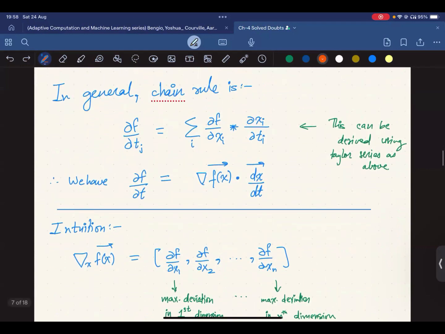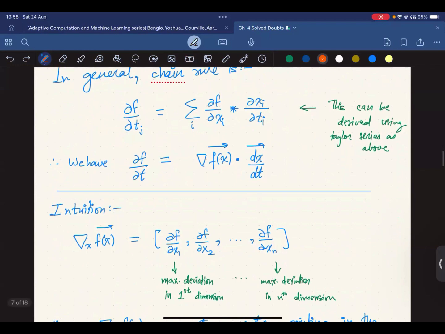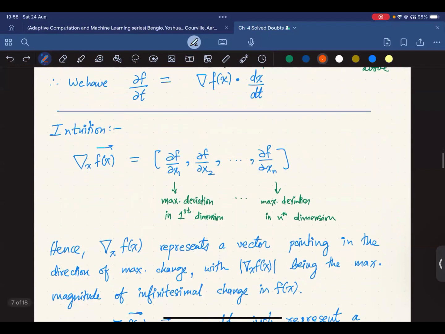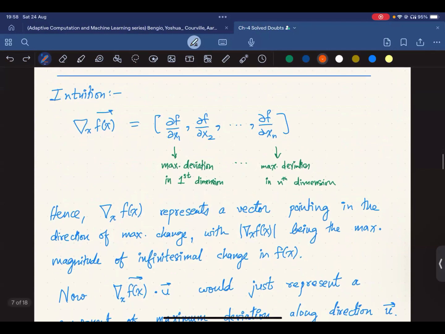So in general, the chain rule can be derived from the Taylor series. The intuition of the directional derivative is that the gradient is defined as this quantity here. If you see each term in each dimension, we have considered the maximum deviation in that dimension. So this quantity represents how much f of x changes when we move along the x1 direction, and that is the maximum possible change that can happen from that point.